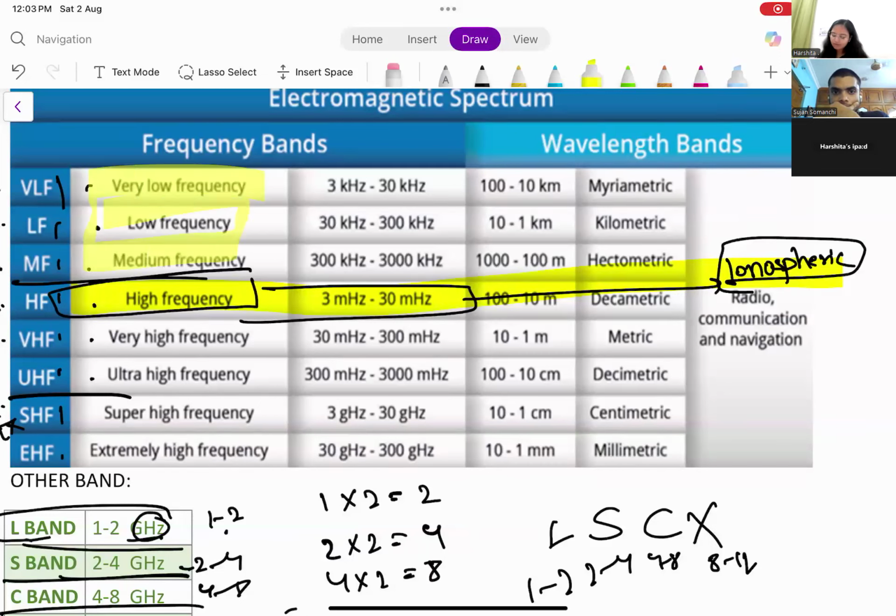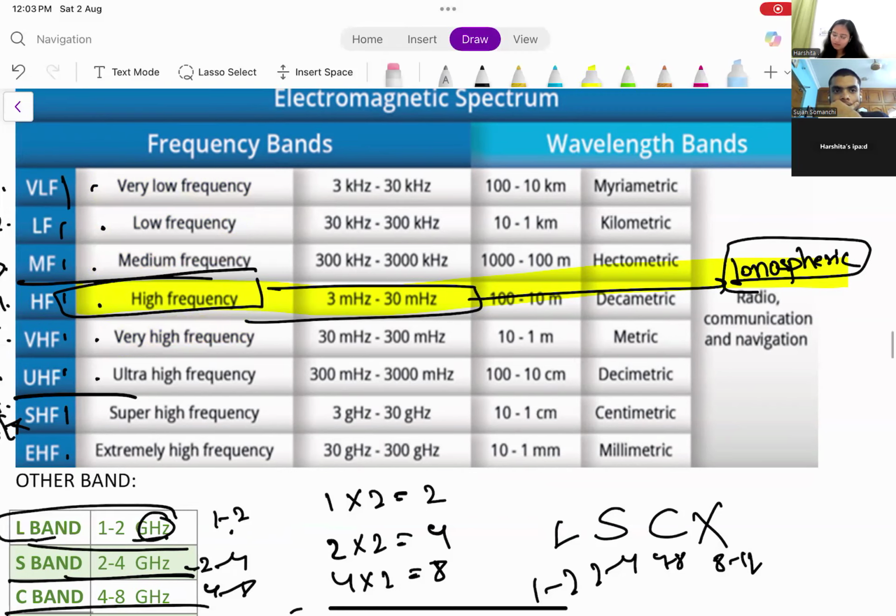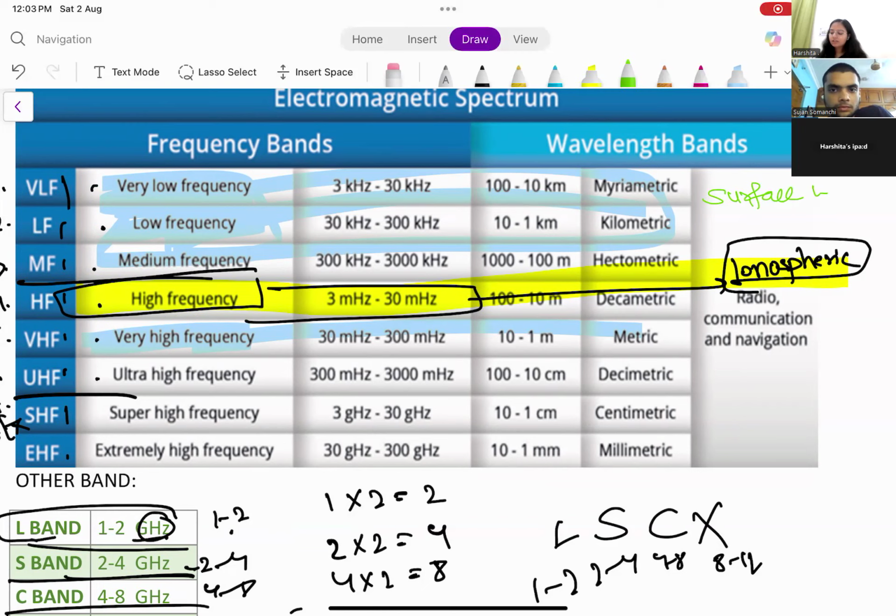This band and this band, let me cover it with a different color, this band and this band are going to use the surface waves or the space waves, basically non-ionospheric propagation.